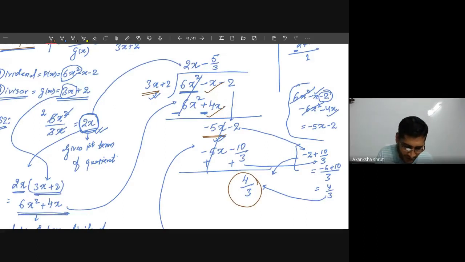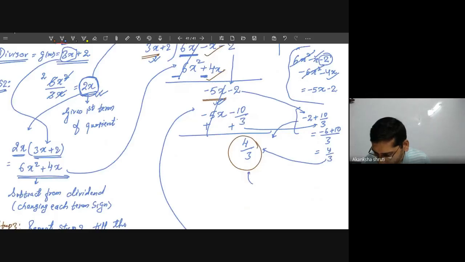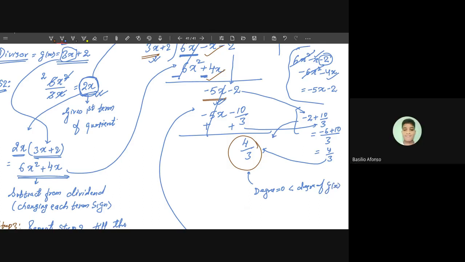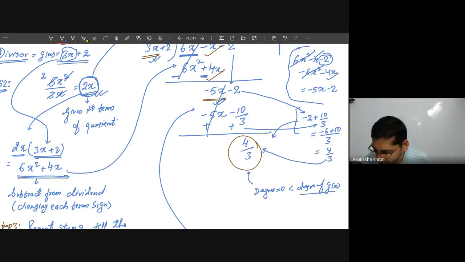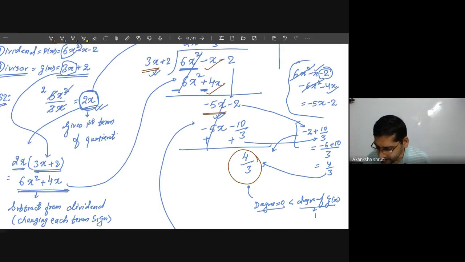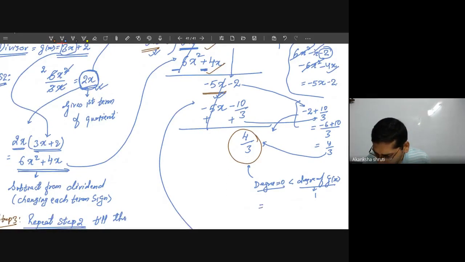It is a 0 degree polynomial. So no further division is possible. So this degree is 0, which is lesser than the degree of gx, the divisor, which was 1. Degree was 1 because it is 3x plus 2. Here it is 0. So this tells that no further division is possible.